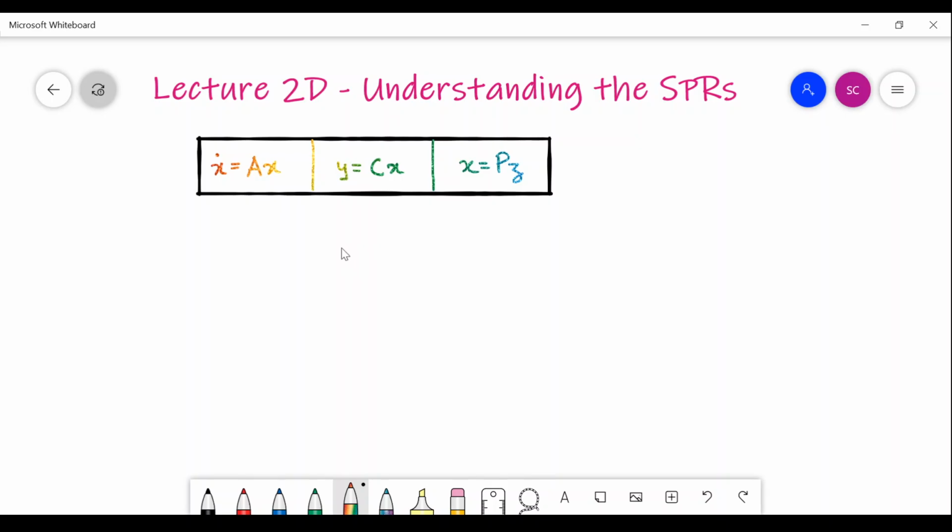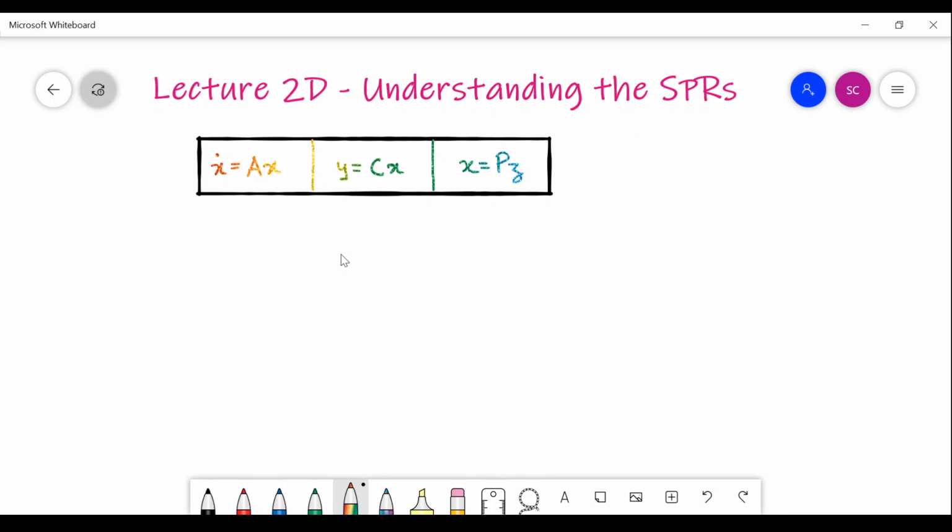Those understandings we will try to apply to understand the state space realization and what information it actually reveals to us. That is the purpose of this lecture. So we'll start today with that.